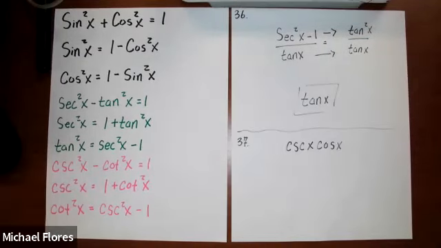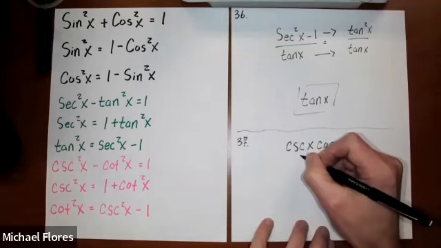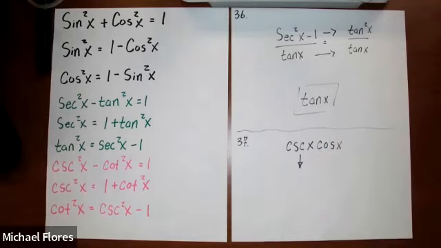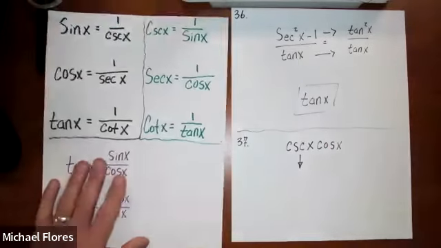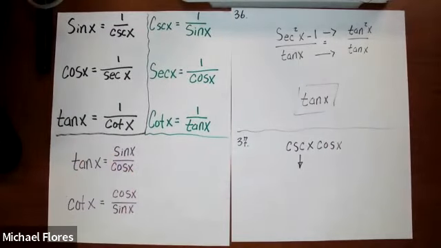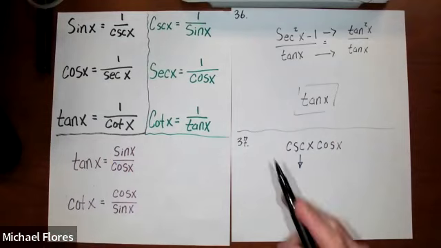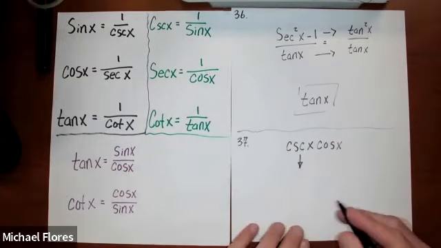37, cosecant of x times cosine of x. Let's change this to its reciprocal identity, which is right here, 1 over sine of x.